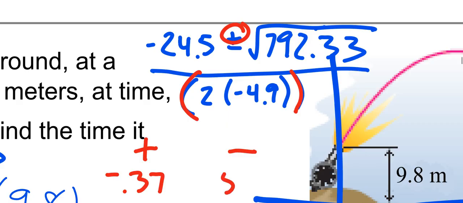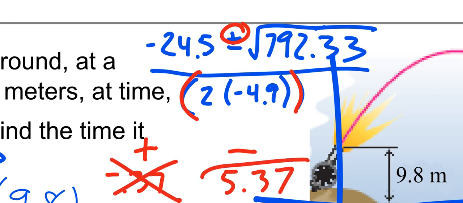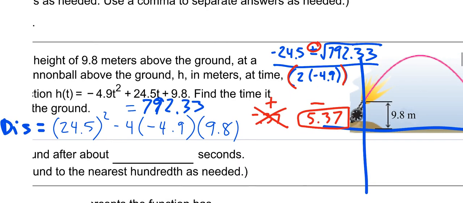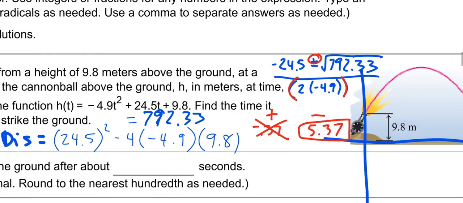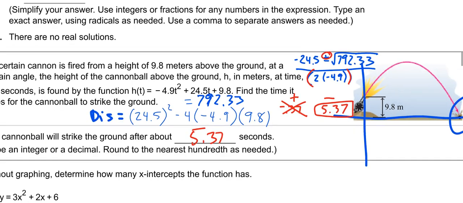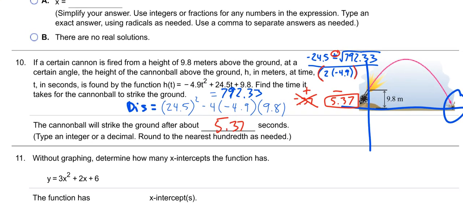Okay, so we ended up with 5.37 seconds. That one was not good. This one was the only one that made sense. If you decided to write 5.4, you showed me all the work and then you rounded it to the tenths place, even though that problem says round to the hundredths, I don't care.